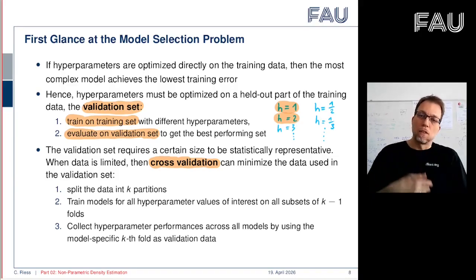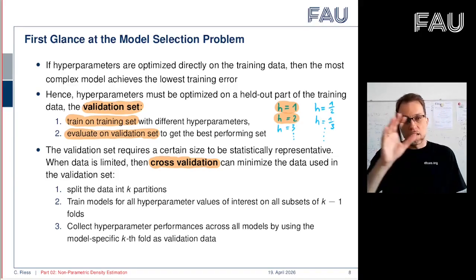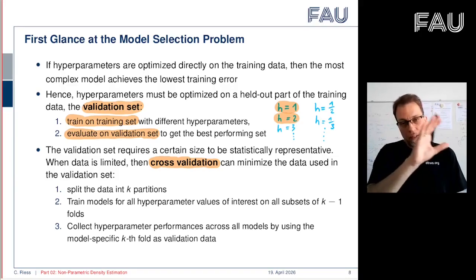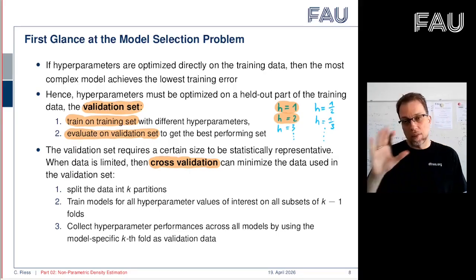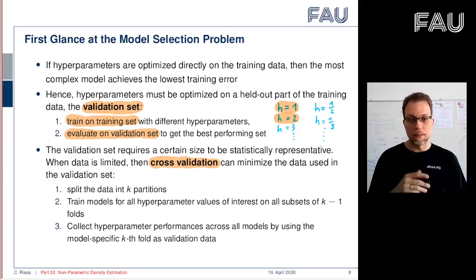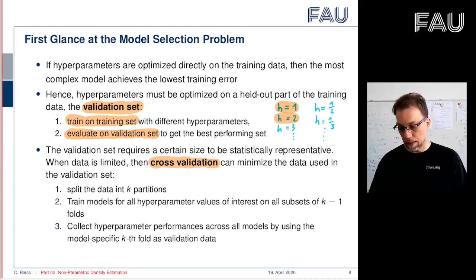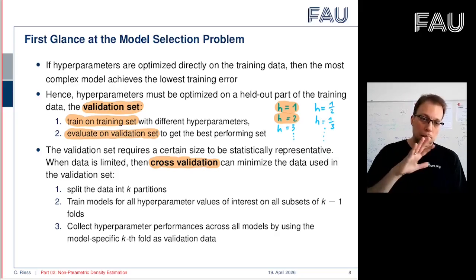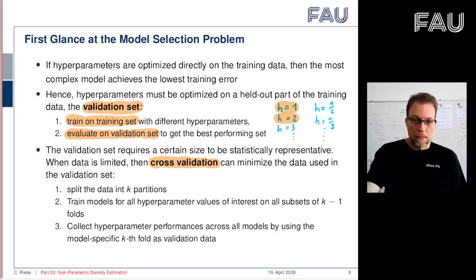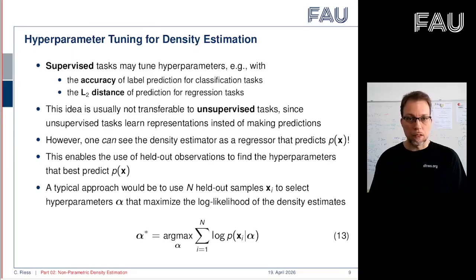And then you choose the hyperparameter that, when averaging usually or somehow else integrating all these subsets, leads to the best performance. It's a little trick if data is limited.